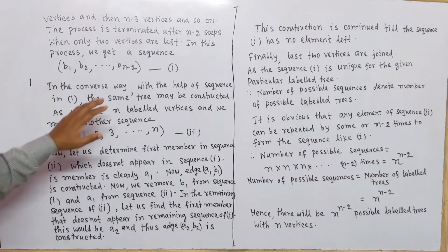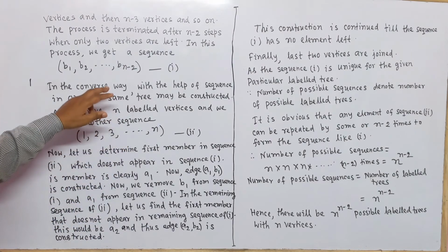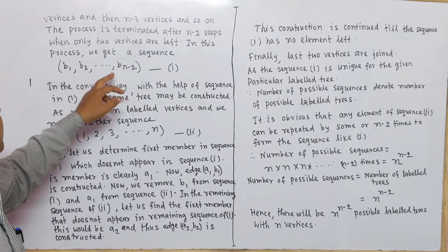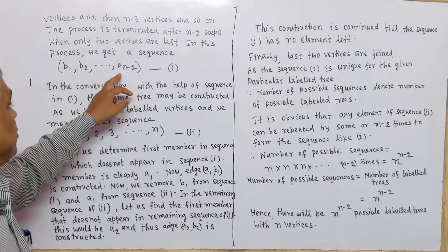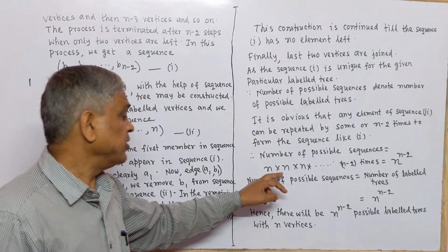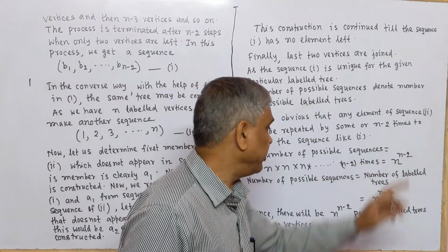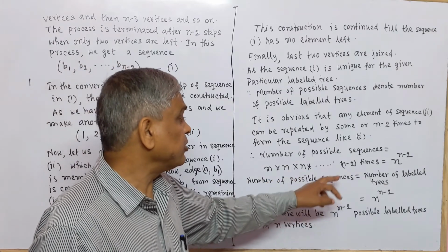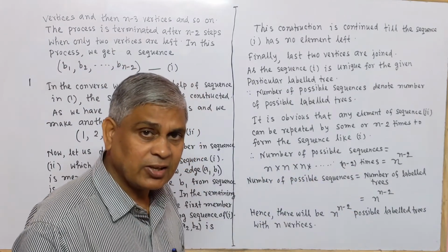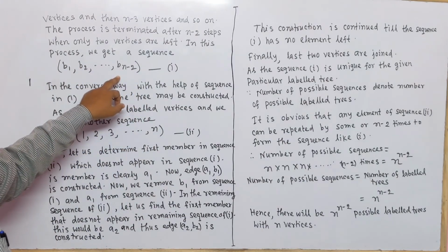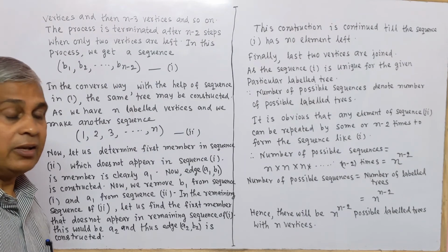Therefore, to form the different sequences, we get n multiplied by n multiplied by n, and so on, n minus 2 times. That means it equals n to the power n minus 2. Since the number of possible sequences equals the number of labeled trees, this particular sequence 1 denotes a particular labeled tree.